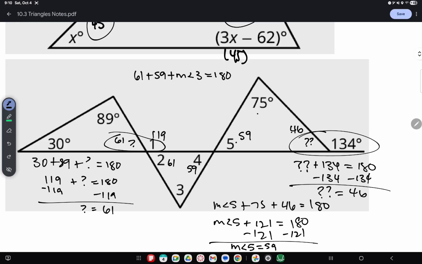So 61 plus 59 is 120. And then we'll subtract 120 from both sides. And angle 3 is 60 degrees.